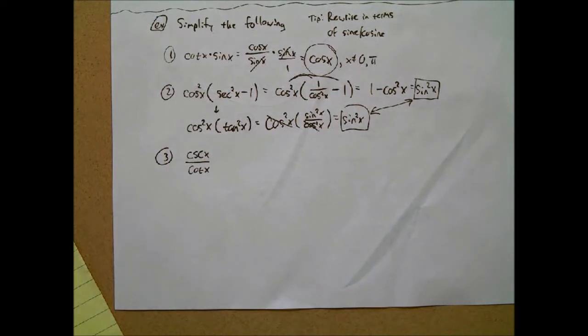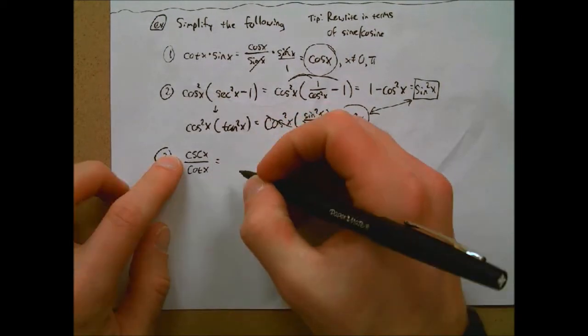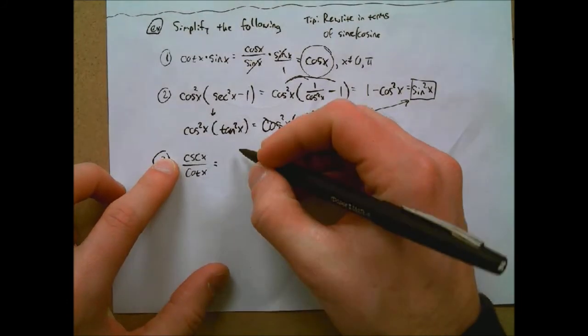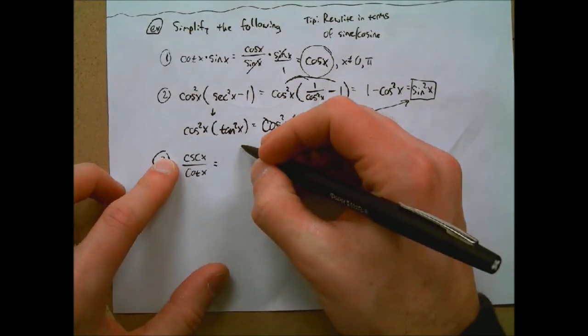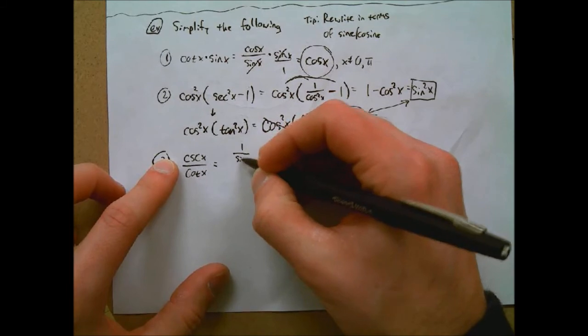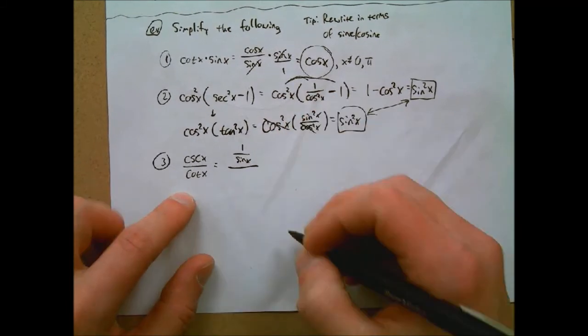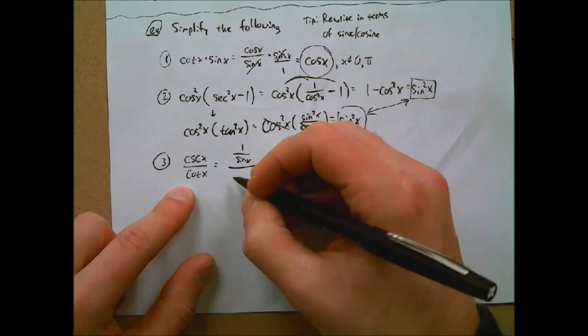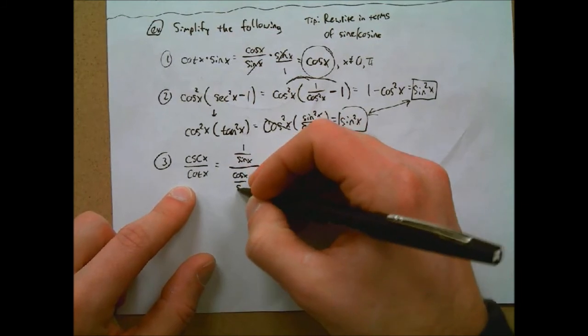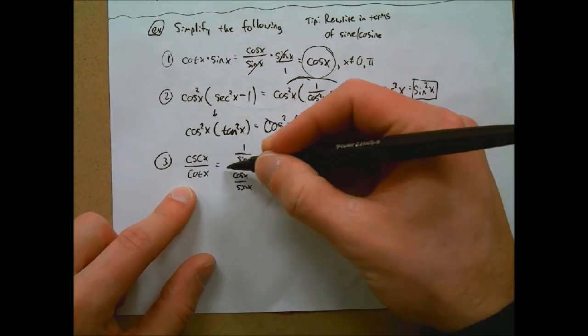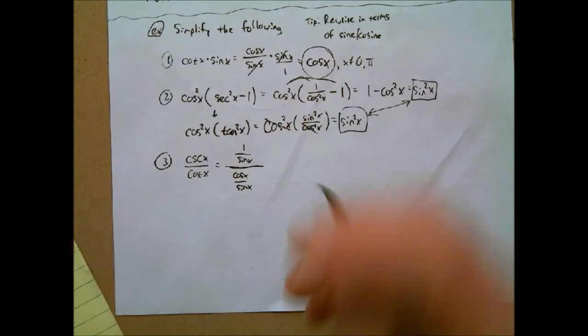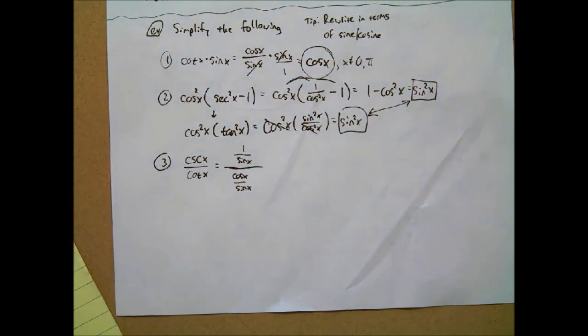So cosecant is the same as what? 1 over the sine. And then cotangent is the same as cosine x over sine x. Now you can see why Mr. Widmeyer gave us those warm-up questions. We have a fraction divided by a fraction, so this is what I was trying to prepare you for.